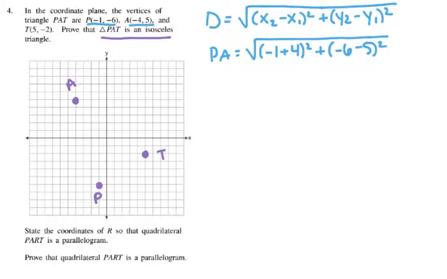I'm going to enter this entire expression, the entire radicand, the part that's underneath the radical sign, into my calculator, and I end up with PA having a length of radical 130. No need to simplify. The next distance I'm going to find is that of AT.